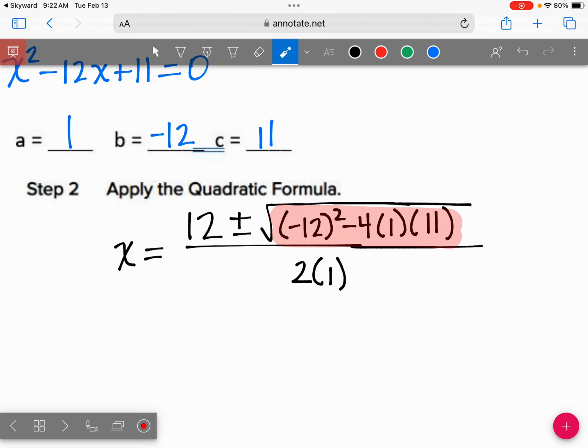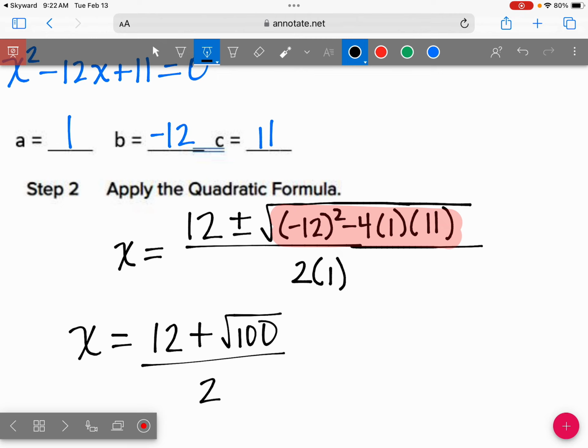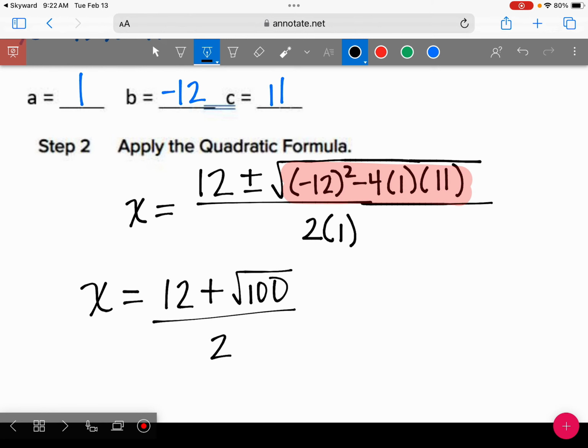Oh, you did the whole thing. You put it under the square root. That's okay. All right, so now we have x equals 12 plus the square root of 100 divided by 2. Let's figure out what that is. Go ahead, type that in your calculator.